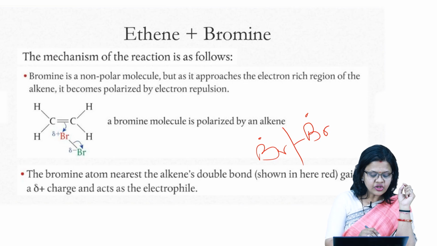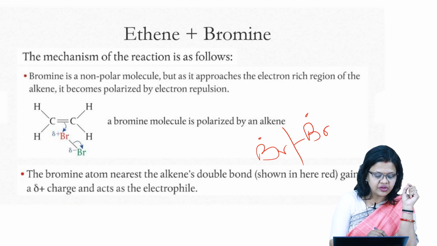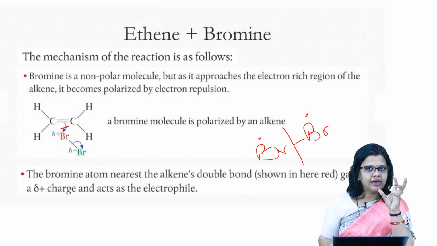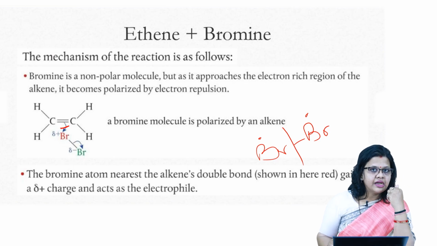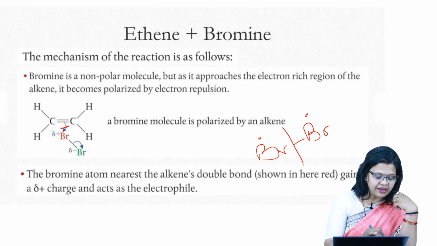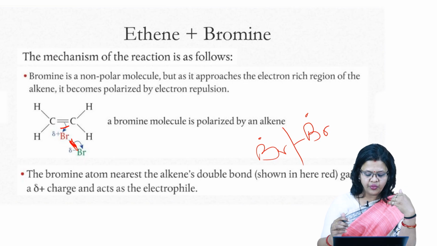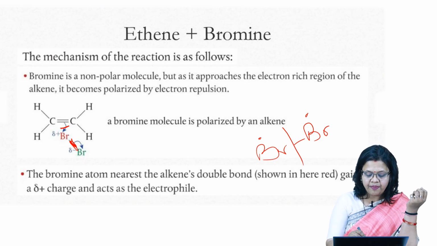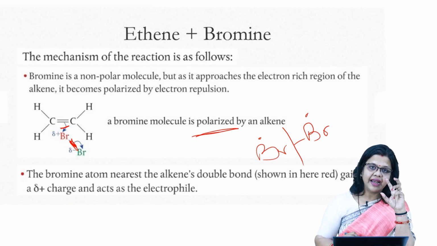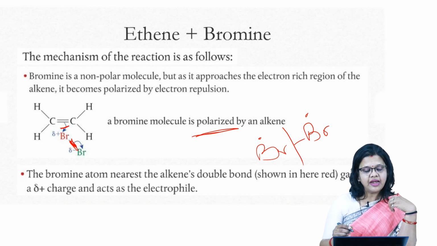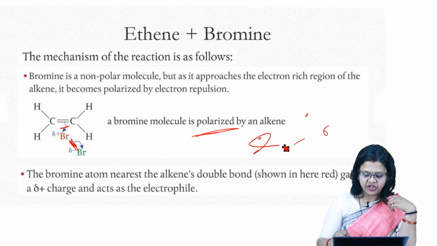But in the presence of the pi electrons at this point of unsaturation, the electrons in the bromine bond feel repulsion with the pi electrons of the carbon-carbon bond, due to which the bromine becomes a polarized molecule, resulting in a partial positive charge and a partial negative charge.